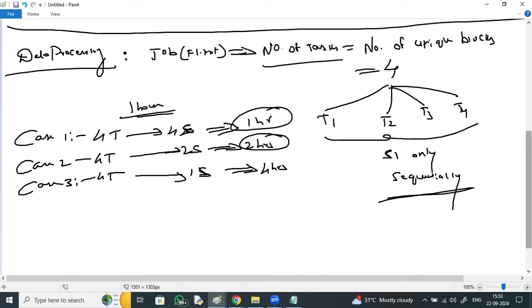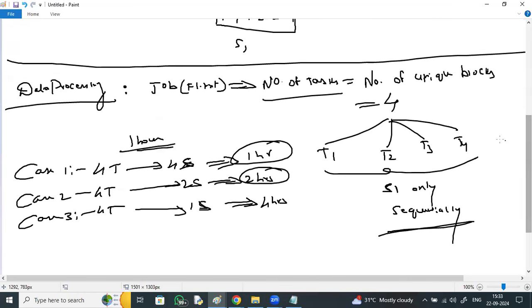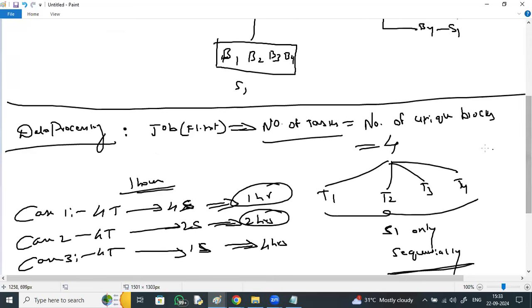Okay, fine. Now we have discussed the cases, right? So the more the slaves, the more the speed.